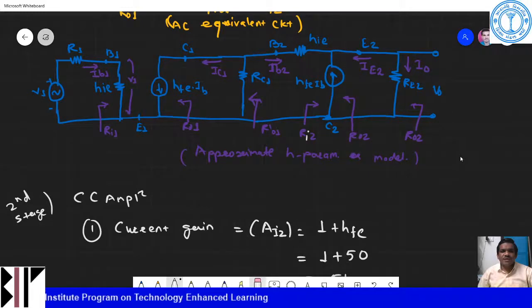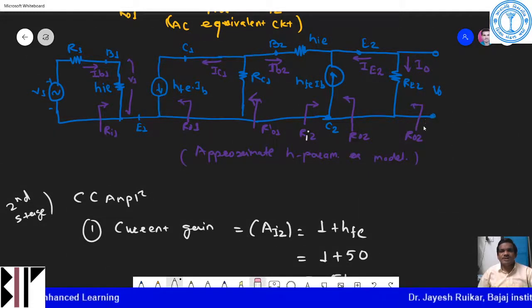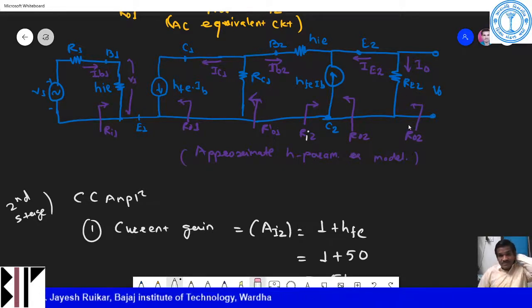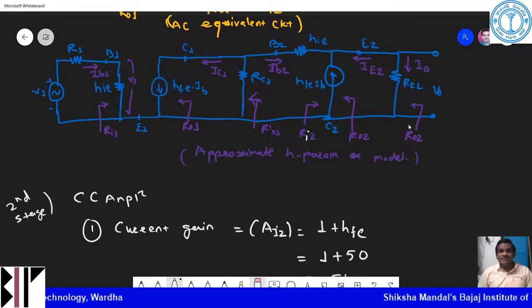If you look at RO, the output resistance here is nothing but RO2, which is in parallel with your RE2.